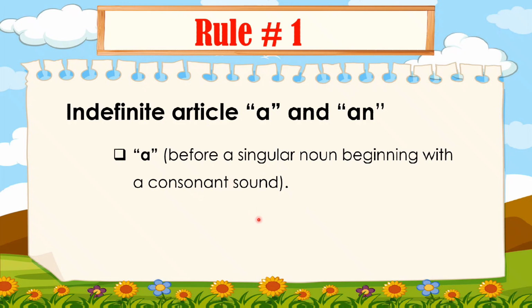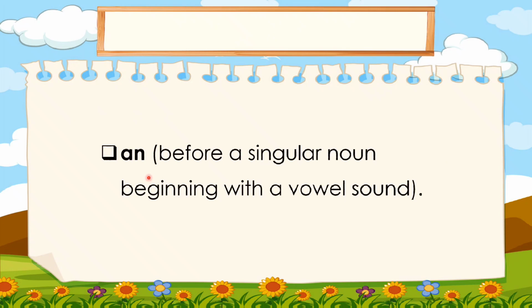Again, you have to base it on the sound, not on the first letter of the word. And use an before a singular noun beginning with a vowel sound. What are the vowel sounds? A, e, i, o, u. Those are the vowel sounds.